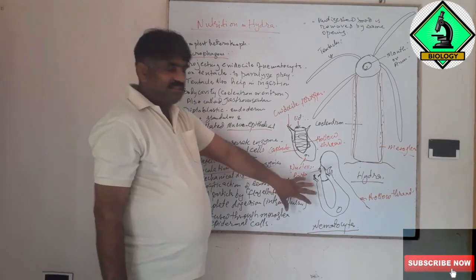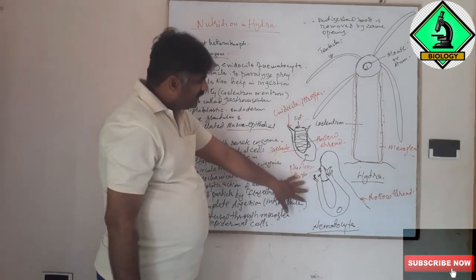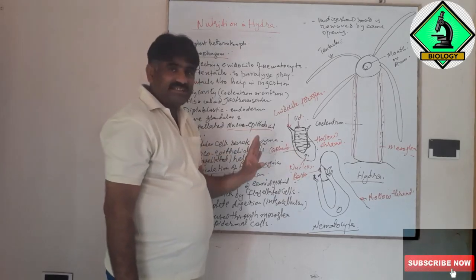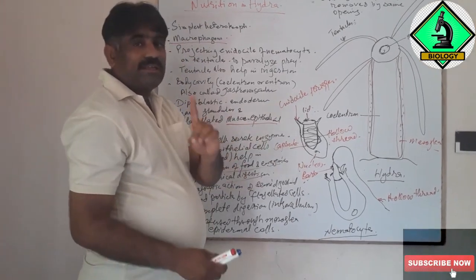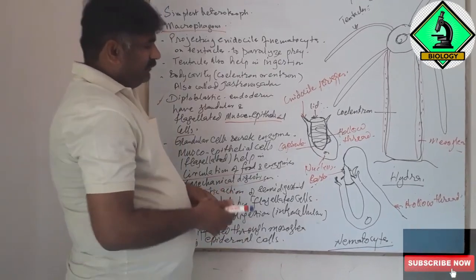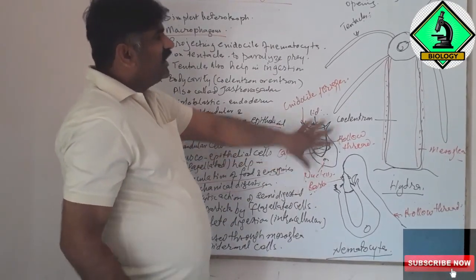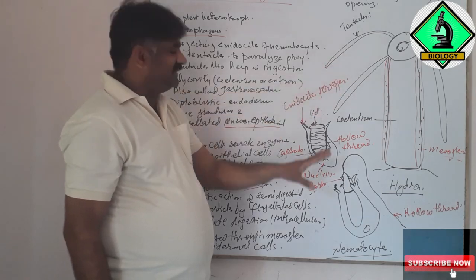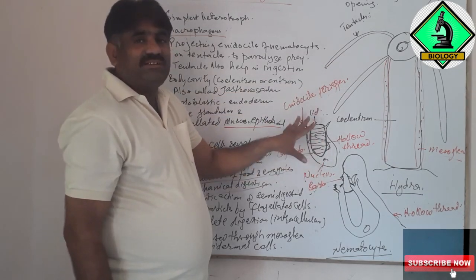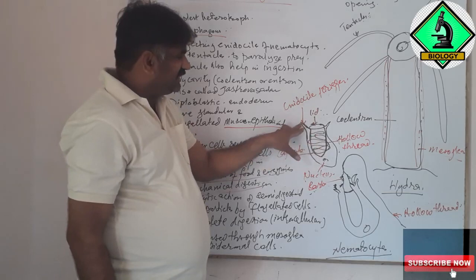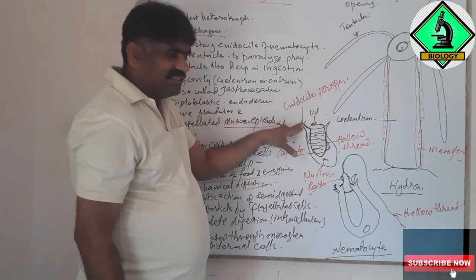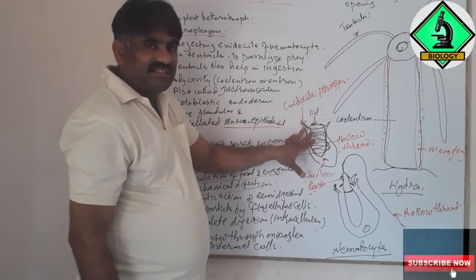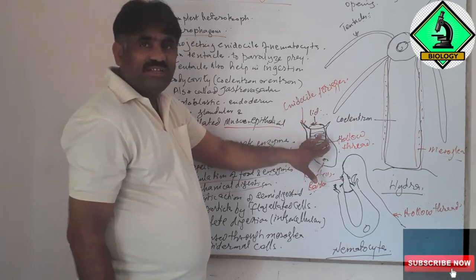Now I have drawn two figures of these nematocyte cells and I also show each part of the cell. When not attacking any organism, if the trigger is not touched or brushed against, they are in a rest position called uncharged.